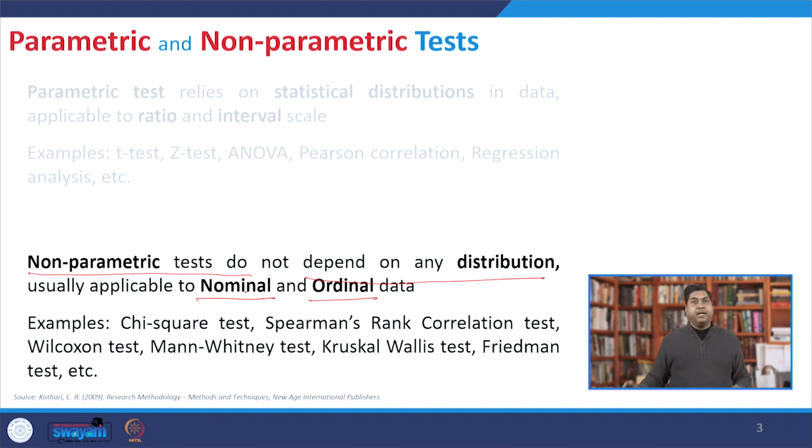For such kind of data set, if in your survey or in your research plan you are going to collect nominal or ordinal data, then probably the best way is to go ahead with the non-parametric test. For example, chi-square test, Spearman rank correlation test, Wilcoxon test, Mann-Whitney test, Kruskal-Wallis test, Friedman test, and there are so many.